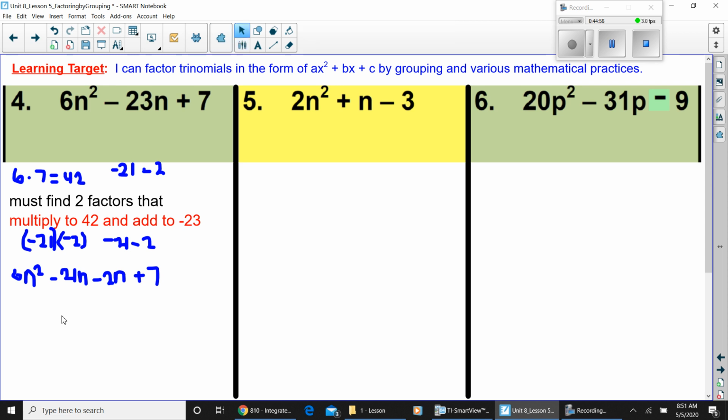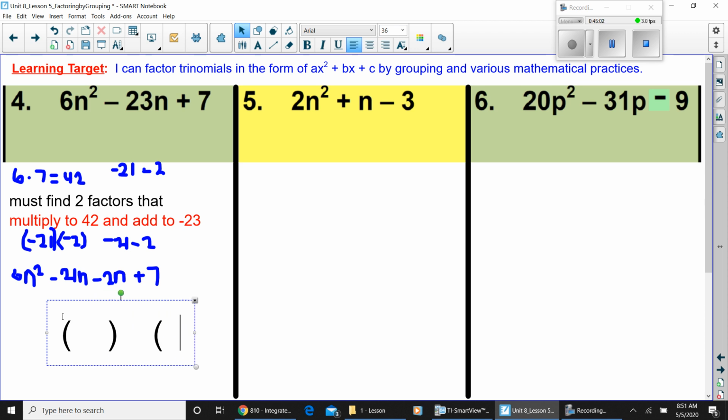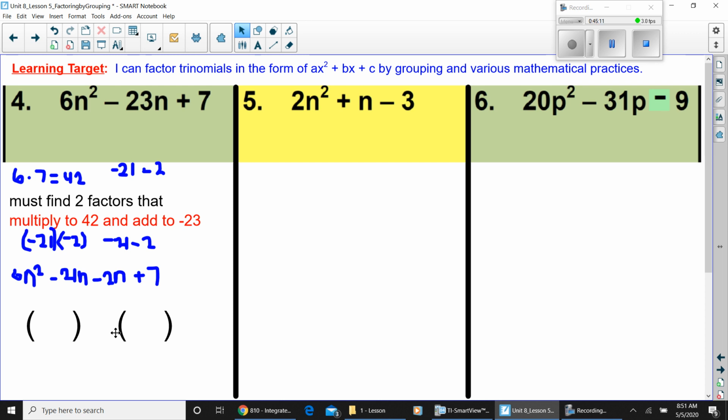So when I get the greatest common factor, I'm looking at 6 and 21, I'm going to try to think of a number that goes into both, and I see that 3n does. 3n times what equals 6n squared? 2n. And 3n times what equals negative 21n? 3n times negative 7.